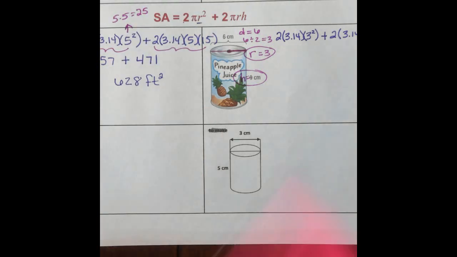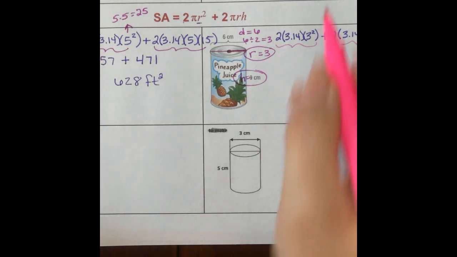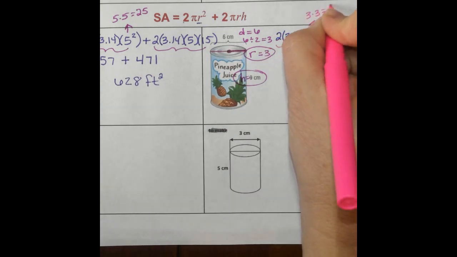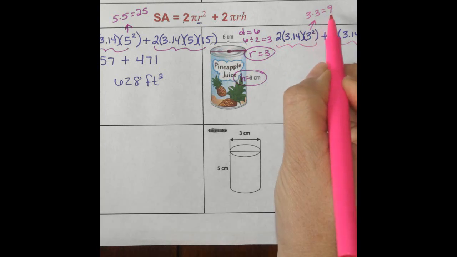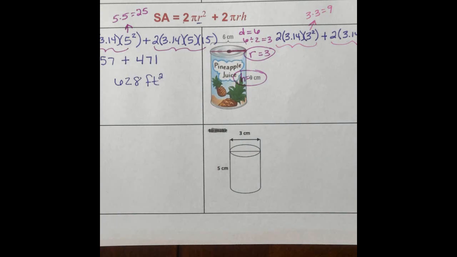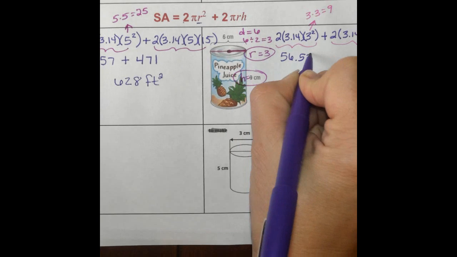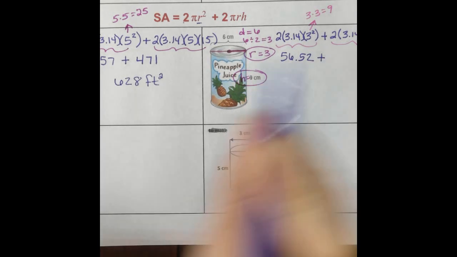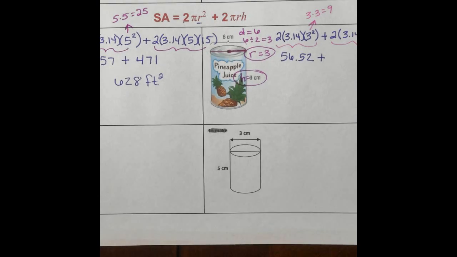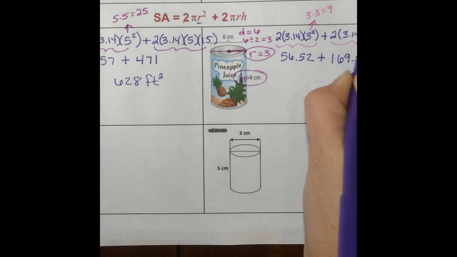So order of operations, again, says we multiply. Remember that 3 squared is 3 times 3, which is 9, so here you're going to use 9. 2 times 3.14 times 9 gives me 56 and 52 hundredths, plus 2 times 3.14 times 3 times 9 is 169 and 56 hundredths.